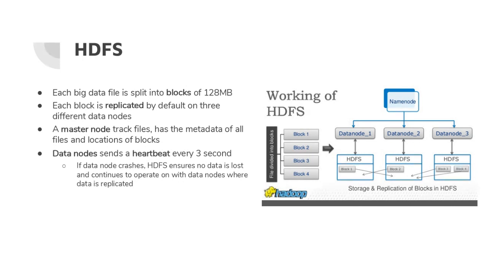And so every data node, so every data server, sends a heartbeat every 3 seconds. So if a server crashes at some time, the main server will know after 3 seconds. So that's a bit how it works. And the advantage of this system is that it scales out, so you can have hundreds of computers, hundreds of data nodes.